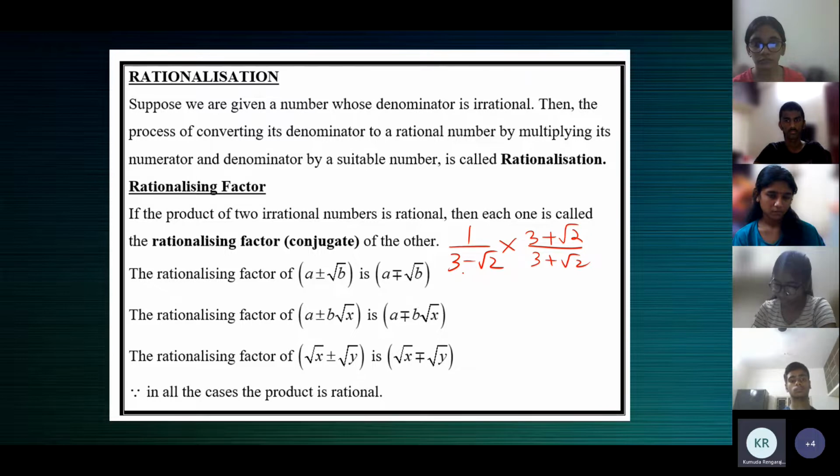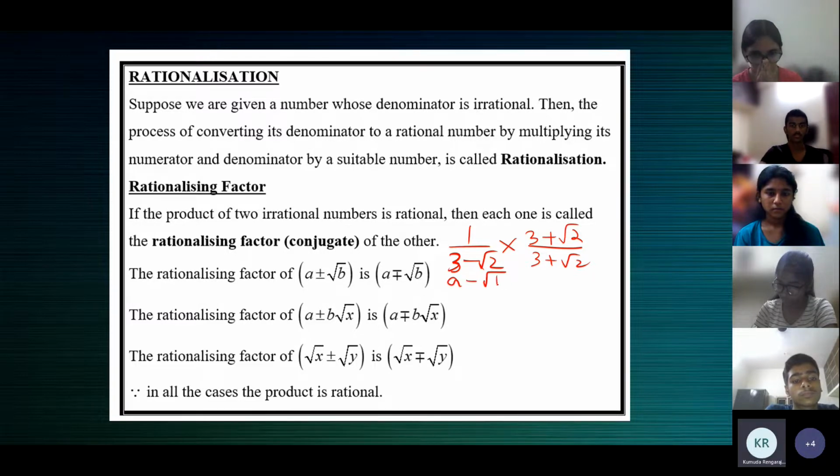Now, what happens when it is in the form a minus root b? Then its rationalizing factor will be a plus root b.